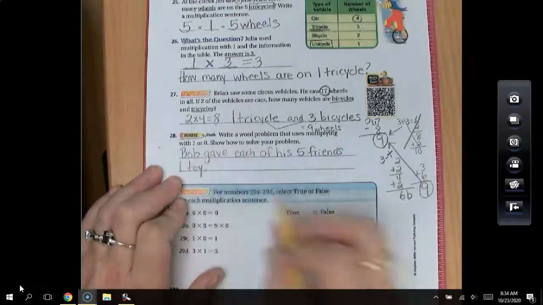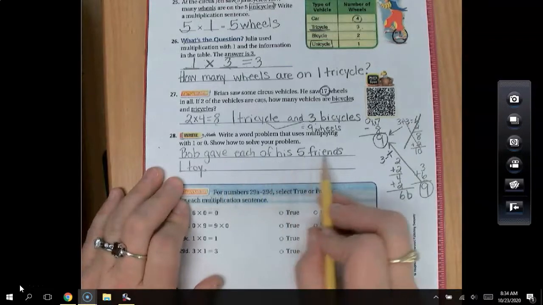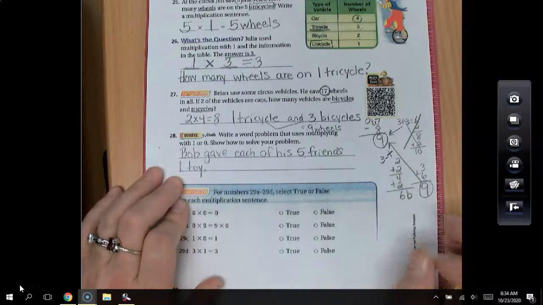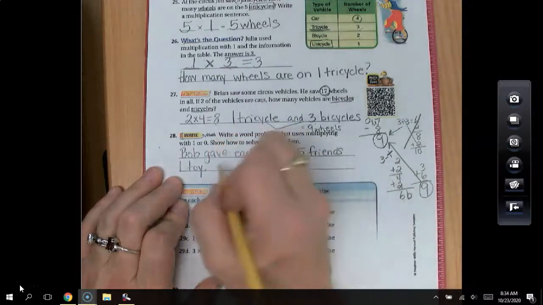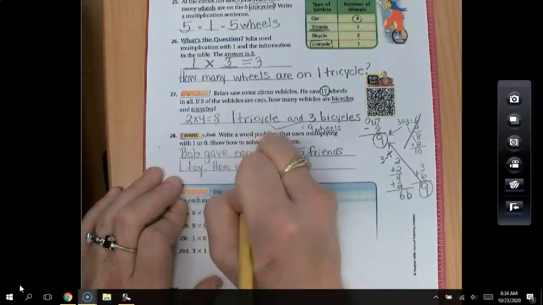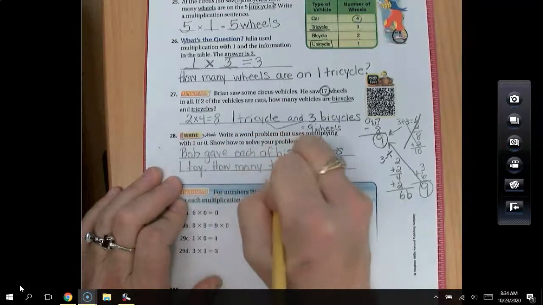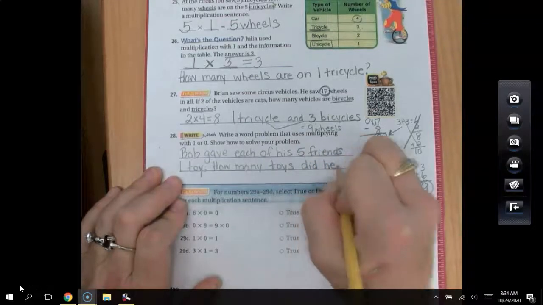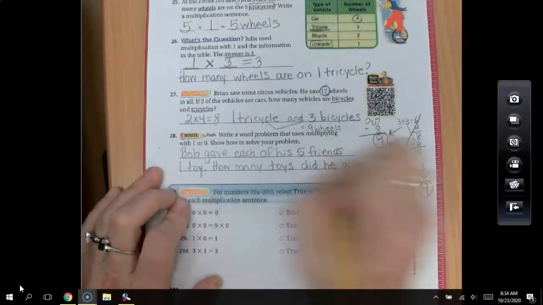So Bob gave each of his 5 friends 1 toy. How many toys did he give away?